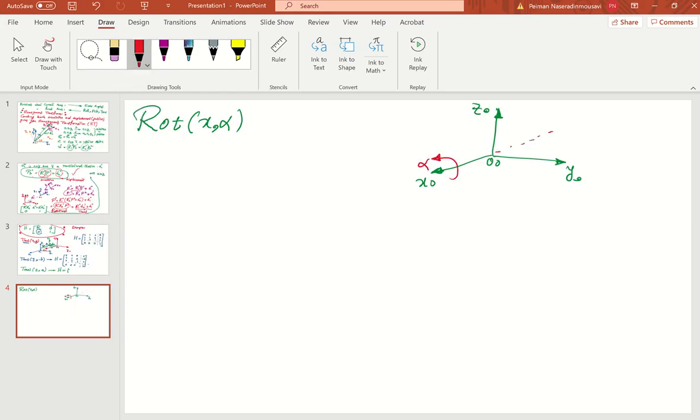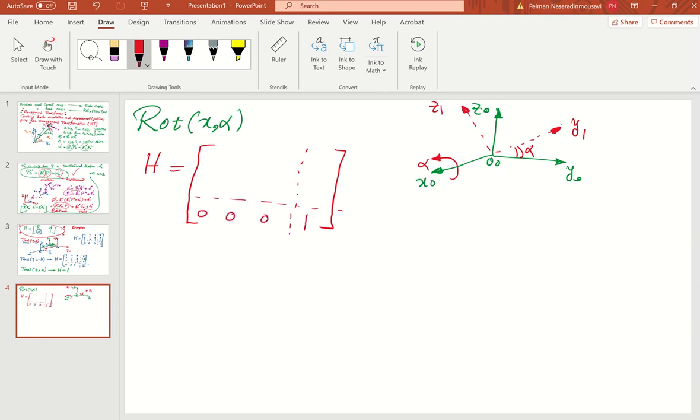So what we're going to have is this, right? Here we go. So it's y1 and z1, and here is alpha. So the homogeneous transformation of this is again going to be a 4 by 4 matrix, 0 0 0 1. Do we have any translation? No, because we only have rotation, 0 0 0.